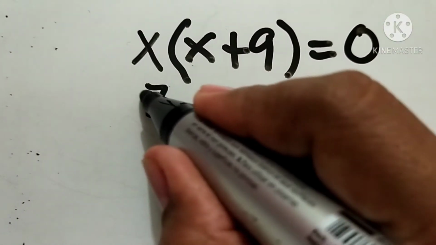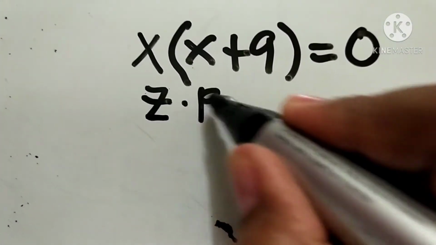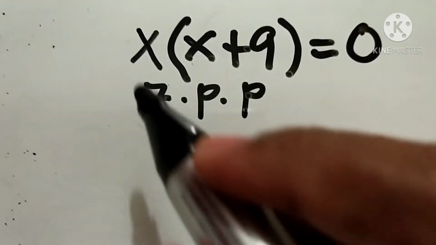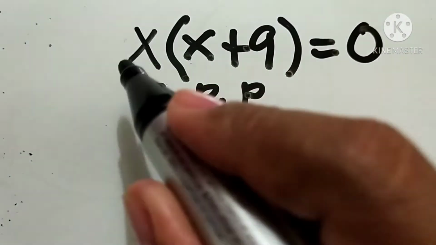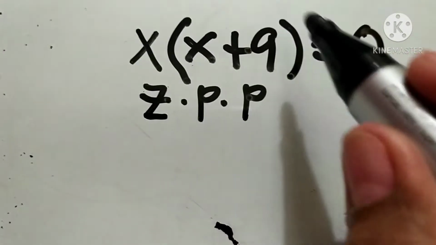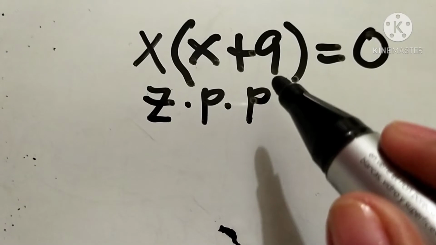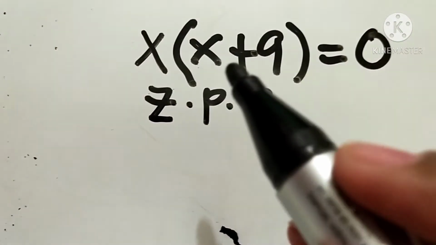Using the zero product property, we will equate each factor to 0, since there are two factors. These are the factors of x squared plus 9x.